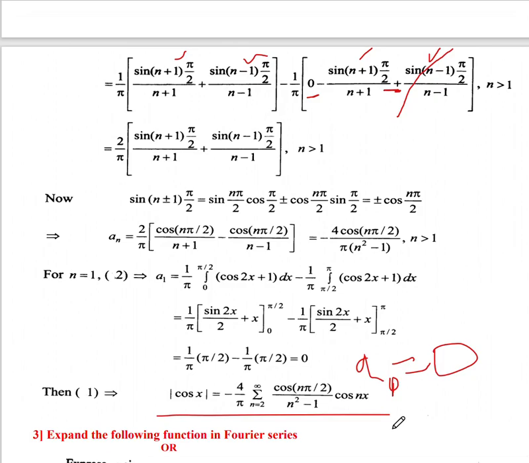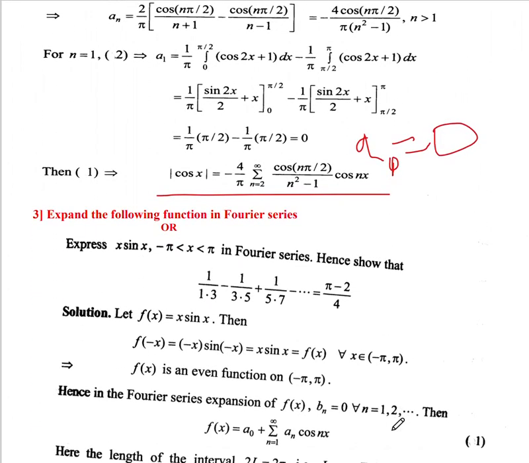Okay, so these are the two examples on a Fourier series. You have to solve this problem as homework. The next problem is x sin x with limits minus π to π, and you have to show this term. Dear students, I will give you this problem number 3 as homework.